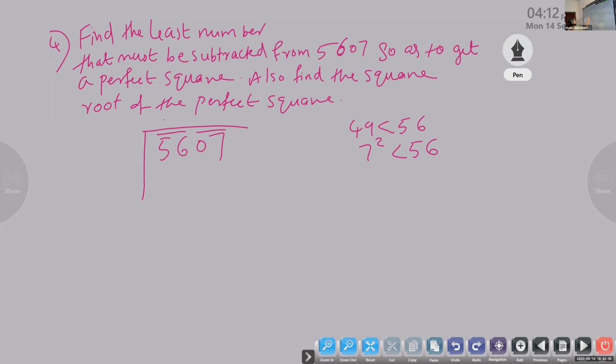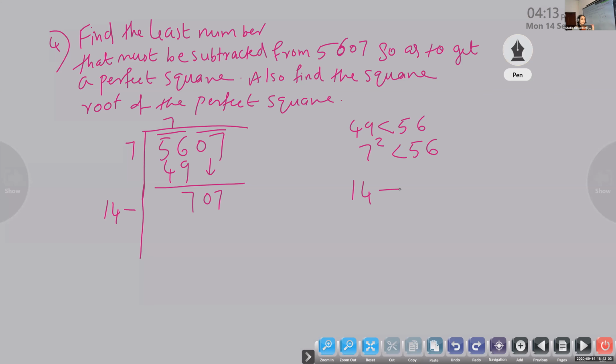So 7 is the first quotient and first divisor. 7 sevens are 49. Double of 7 is 14, followed by a dash.